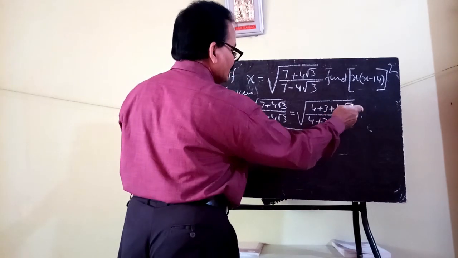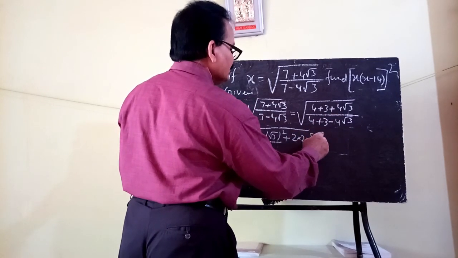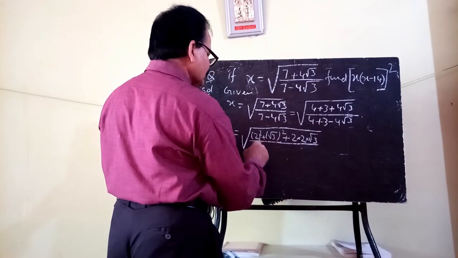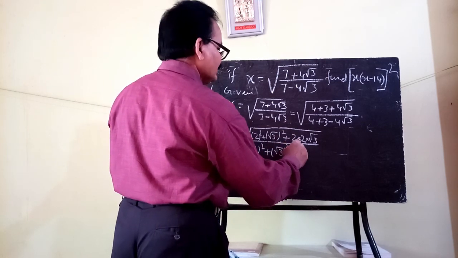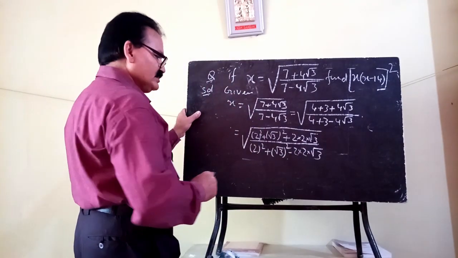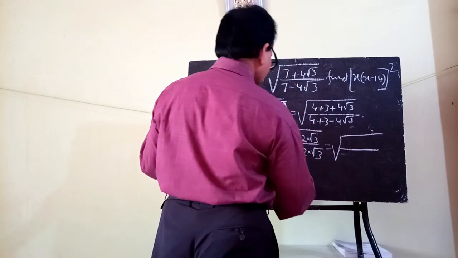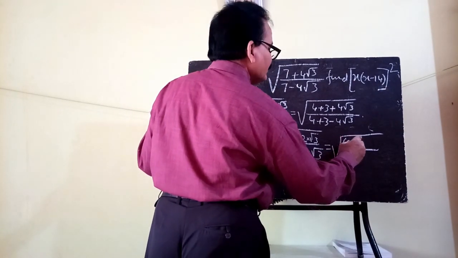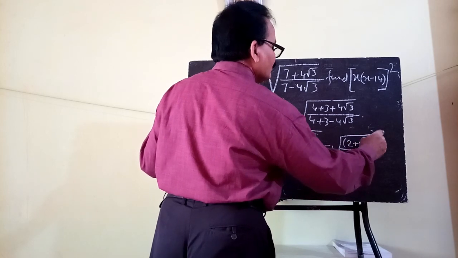Then 4 root 3 can be written in 2ab form, 2 into 2 into root 3. Then again it is 2 square plus root 3 square minus 2 into 2 root 3. From this you can see a square plus b square plus 2ab, so this is 2 plus root 3 whole square.